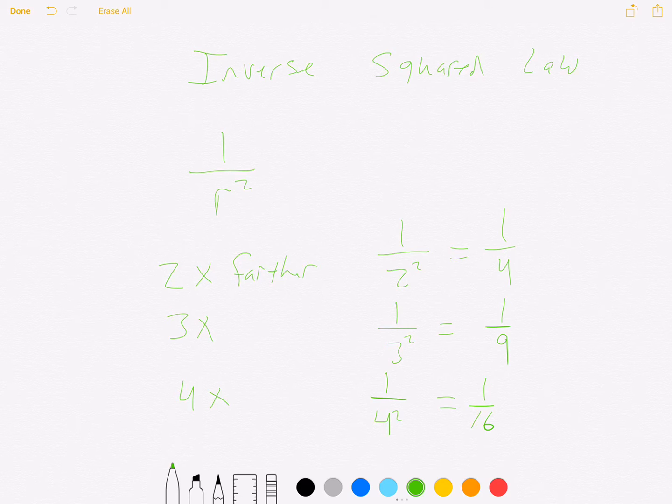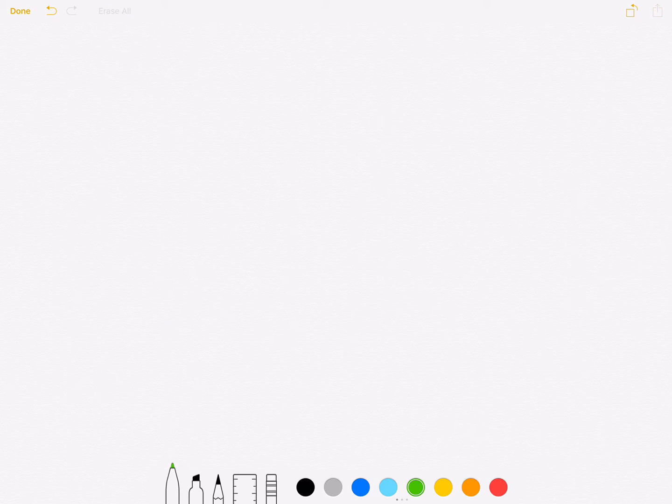Now, there's something else that's also going on with sound intensity. So let's get back to thinking about intensity in terms of power.